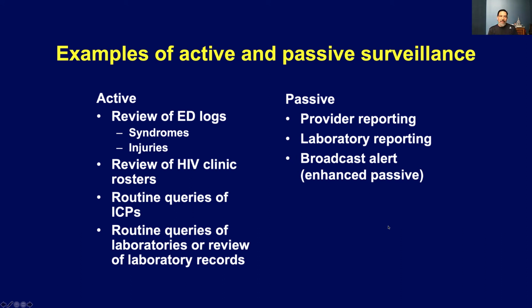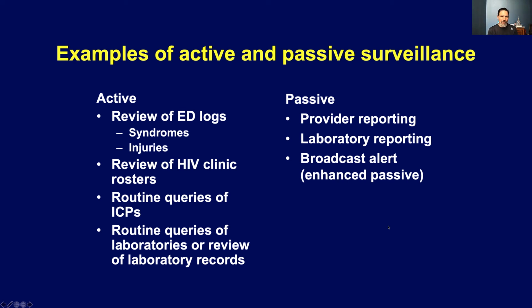So what happens in the more intensive kinds of surveillance systems that are active compared to one that is less intensive or passive? With active case surveillance, you have staff going out, for example, to review emergency department logs, looking for specific kinds of syndromes or injuries. Or in the case of HIV surveillance, they might go to review the rosters of HIV clinics to see if there are individuals that have been newly diagnosed and perhaps not reported or captured in surveillance.